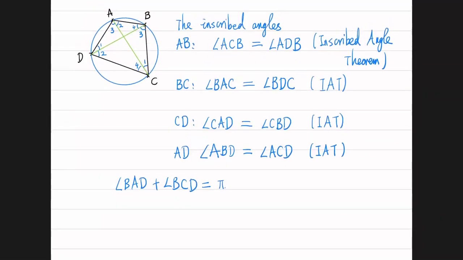Angle BAD is angle 2 plus angle 3. We have angle BCD, 1 and 4.